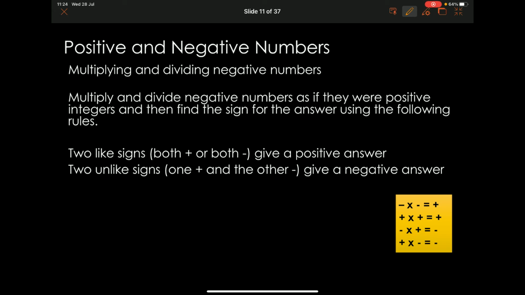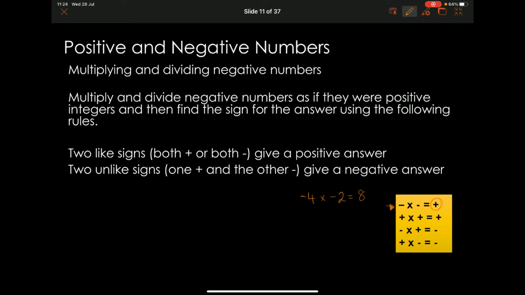If you're multiplying two negative numbers, okay, so let's say a negative 4 times a negative 2, your answer will be positive. Okay, so we'll do the calculation. 4 times 2, which is 8. And because I know that they're both negative, it will be a positive 8.